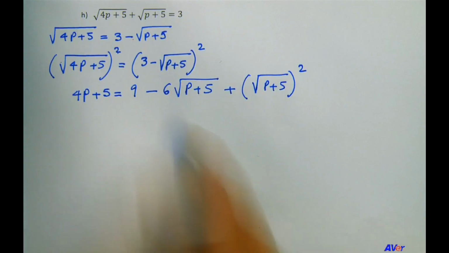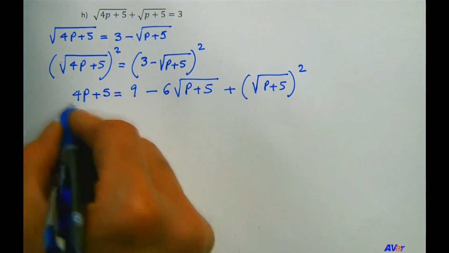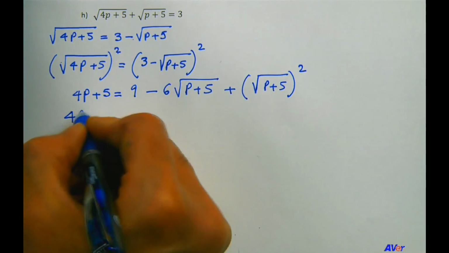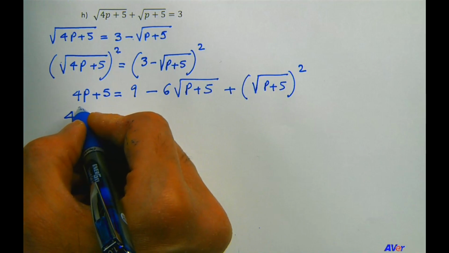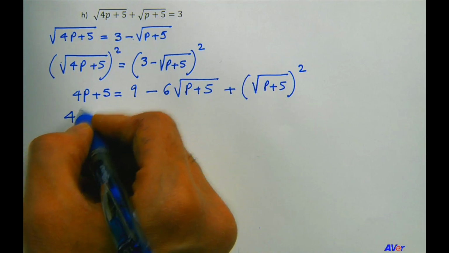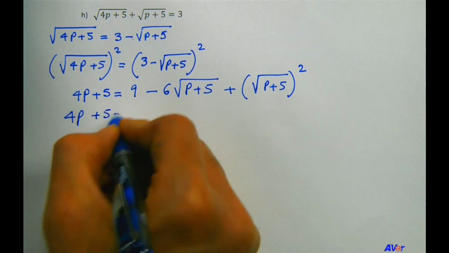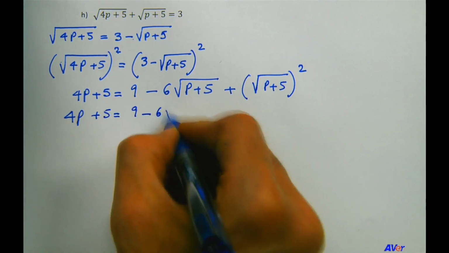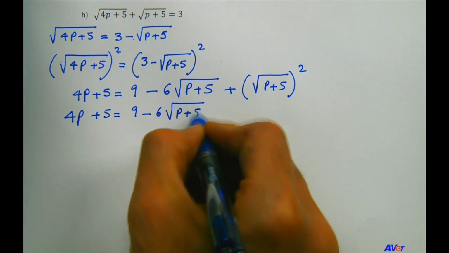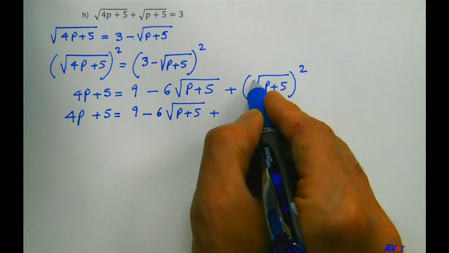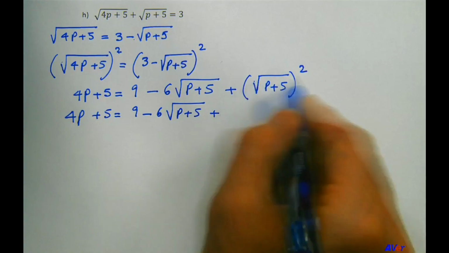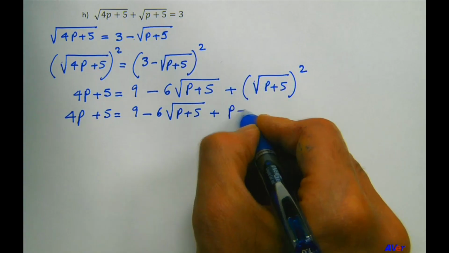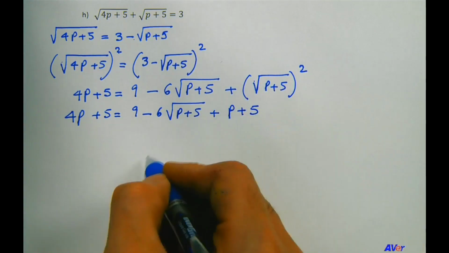Okay, let's simplify things. On the left, we have 4p plus 5 equals 9 minus 6 square root of p plus 5 plus that squared. That power and this index cancel each other out, so we end up with p plus 5.